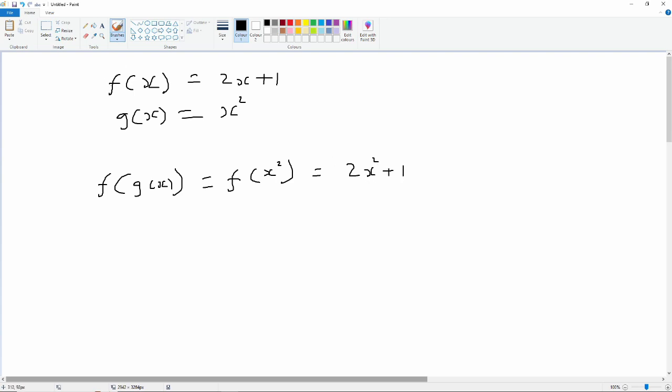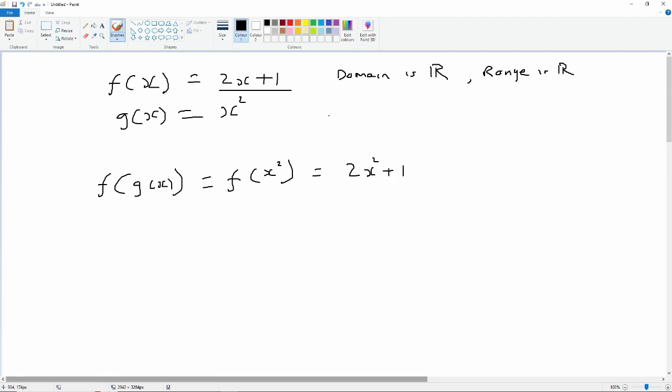Right, so the domain and range of 2x plus 1 is just a straightforward linear equation, no problems there. So the domain is all real numbers, and the range, again, you're going to get any value for x, is all real numbers, no problem there.